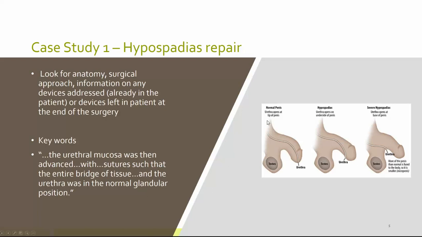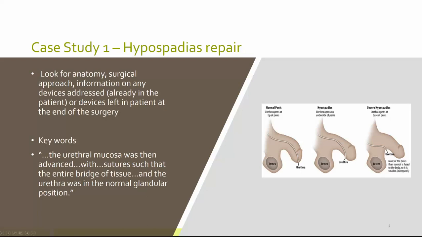There's different kinds of hypospadiasis, but this is a normal male penis with the urethra and the opening at the tip. If it's not in that normal position, it's this condition. But there's different kinds, different locations that could end up coming out of.